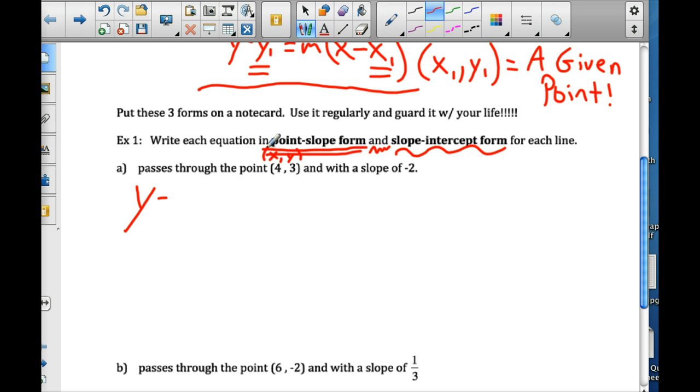Yeah, this is where it gets tricky, guys: y1 is the second number in our point. So it'll be y minus 3 equals, Cholet, what's the slope? Negative 2. You're going to substitute that in where the m goes, times the quantity of x minus, Cholet, what's the x value of the given point? Genius.